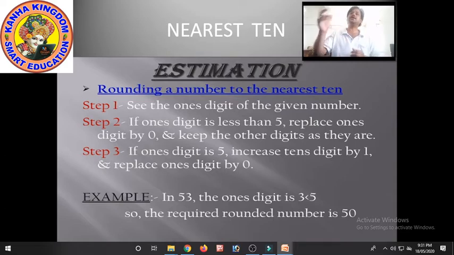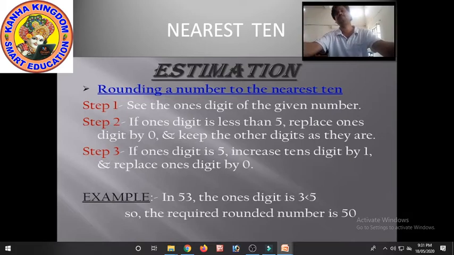Okay, now third step, if the ones digit is 5, increase the tens digit by 1 and replace the ones digit by 0. Means if the ones digit is 5 or more than 5, what do you have to do?